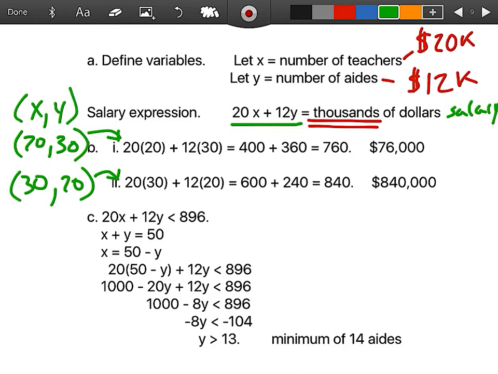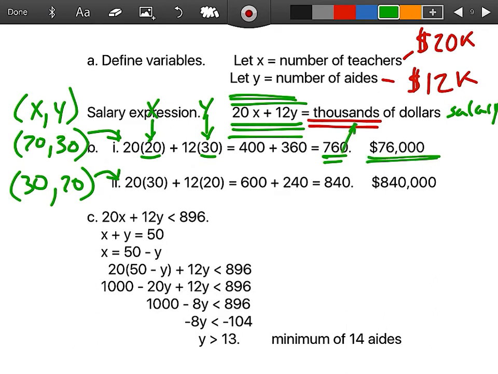I plug in here's my x, this is my y, following this expression, 20x plus 12y. So I input 20 and then I input 30. I do the math, I get 760, but I have to remember that it's thousands of dollars.